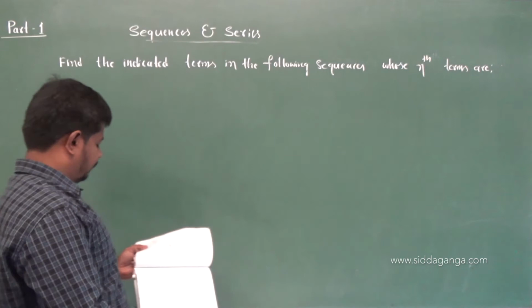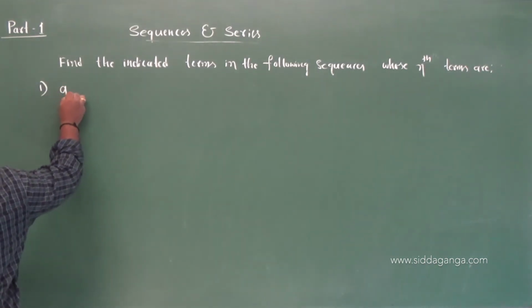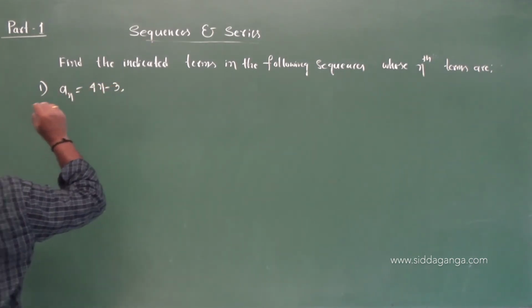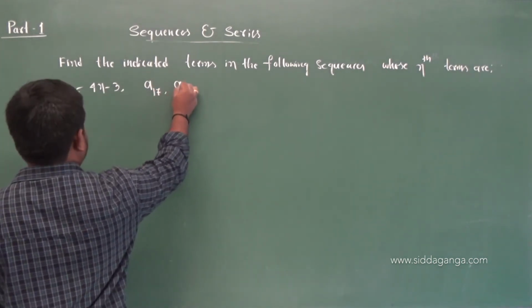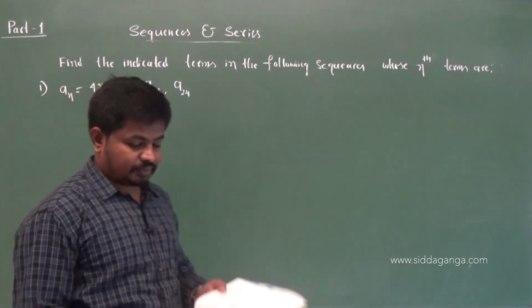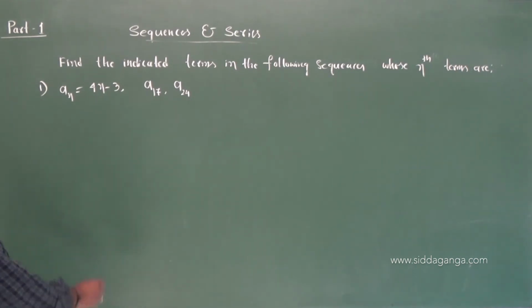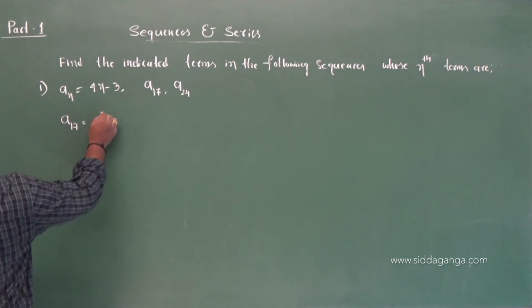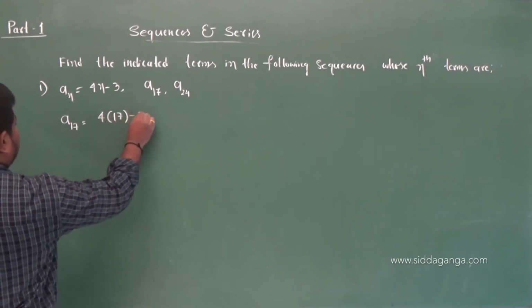Like, first one, the nth term is 4n minus 3. You have to find a17, you mean the 17th term, and a24. Indicated terms are what? 17th and 24th term. Simple as before. 17th term, you mean a17 is 4 into 17 minus 3.